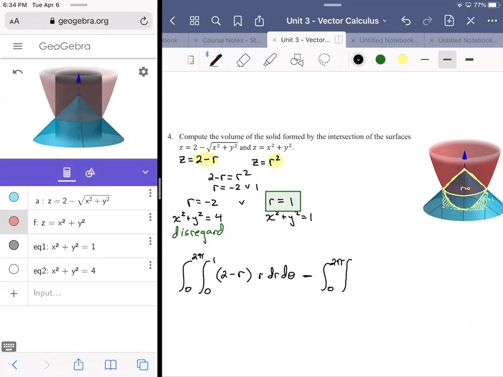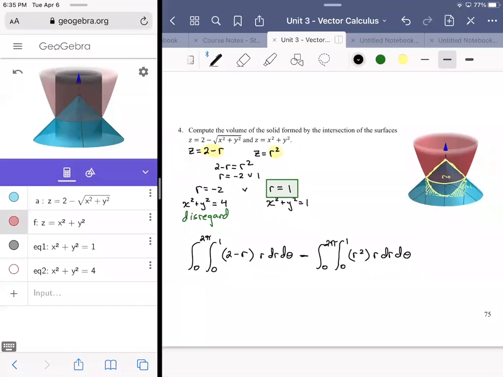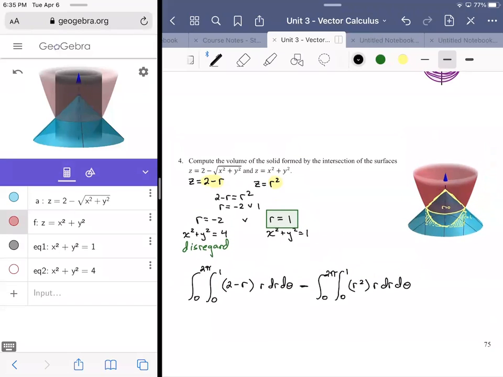It won't always be the case that the bounds are the same, but it's nice when they are. r squared, r dr d theta. That'll subtract off all the schmutz beneath the paraboloid, between the bottom of it and the xy plane. And so what we have here is the expression we would use to figure out the volume contained between those two surfaces.